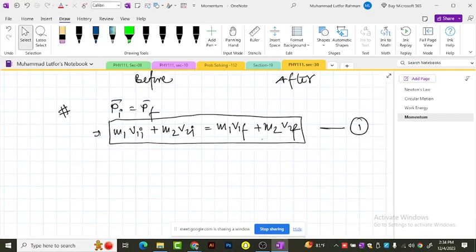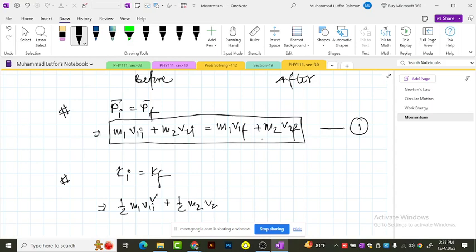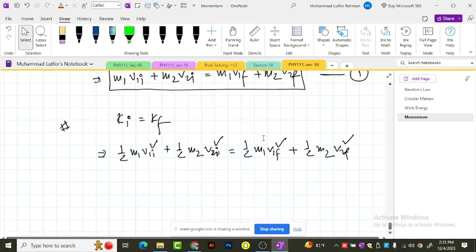Another equation we can write is that kinetic energy initial must equal kinetic energy final. So half of m1 v1i squared plus half of m2 v2i squared must equal half of m1 v1f squared plus half of m2 v2f squared.